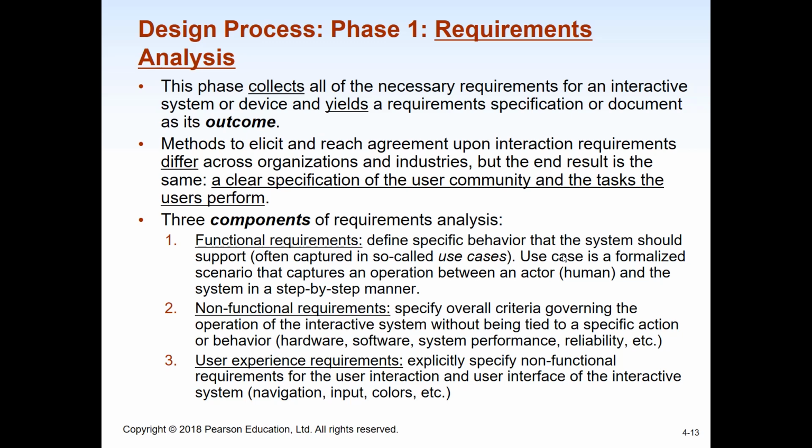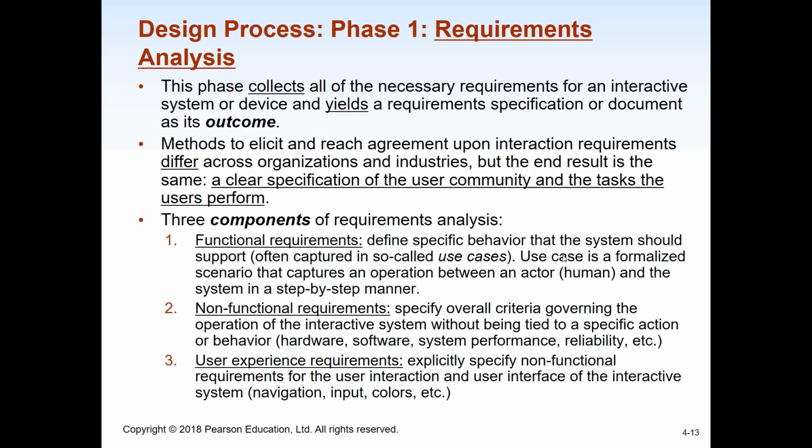So the other component is the non-functional requirements. Now we are not taking a functional one, a specific use case or scenario of usage, but these are other operational criteria that are needed for that system, such as the hardware specification requirements, software, system performance, reliability, and so on.